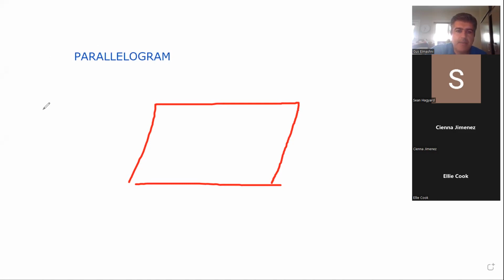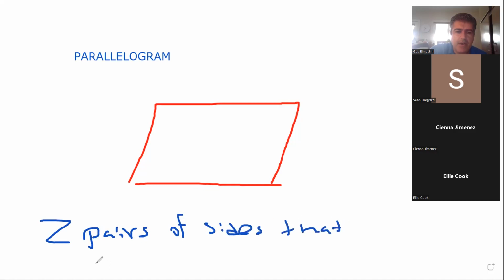It's going to have two pairs of sides that are congruent, so the symbol, and parallel.